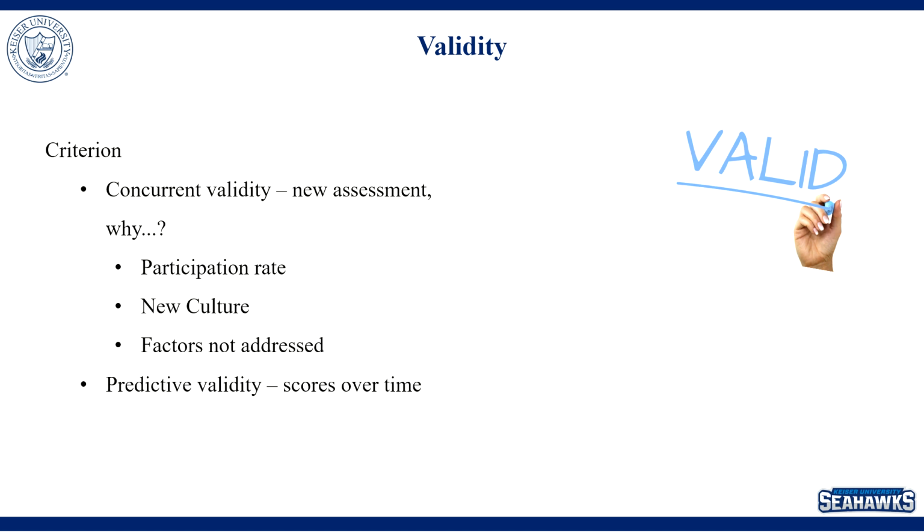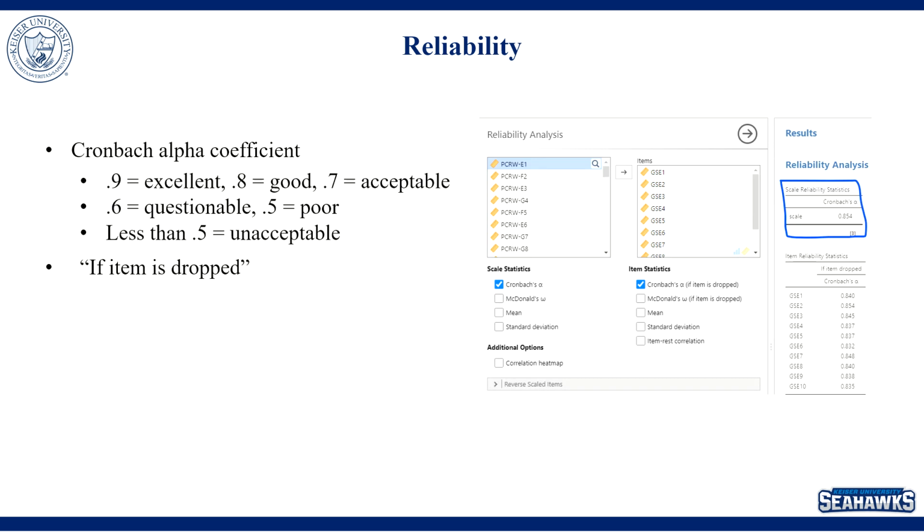When we look at reliability, perhaps the most common way that reliability is established within a measure is using Cronbach's alpha coefficient. What is this? It's relatively simple to understand. Basically, you have multiple items that are assessing a certain construct.